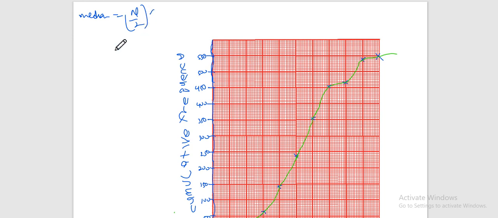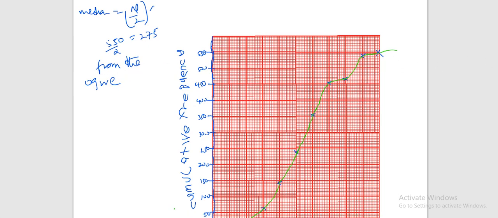That's 550 divided by 2, that's 275. Now from the curve, from the ogive, that's this curve, 275.